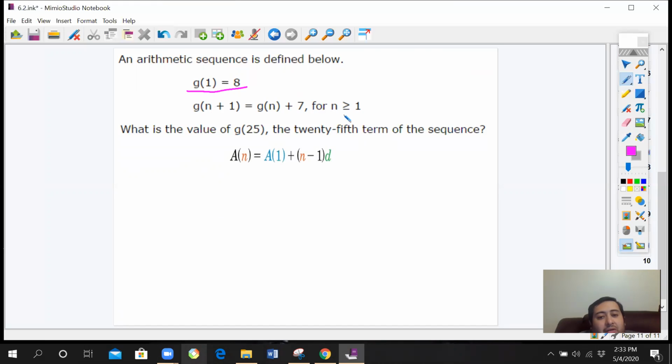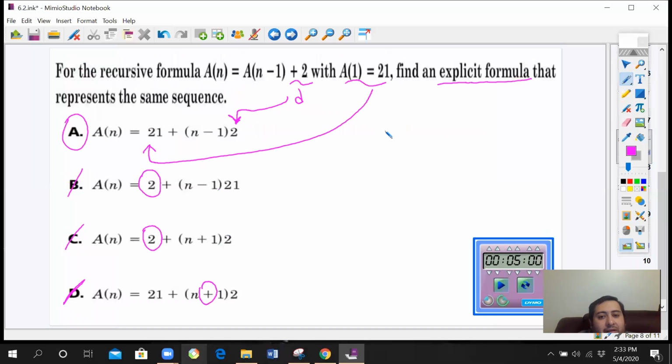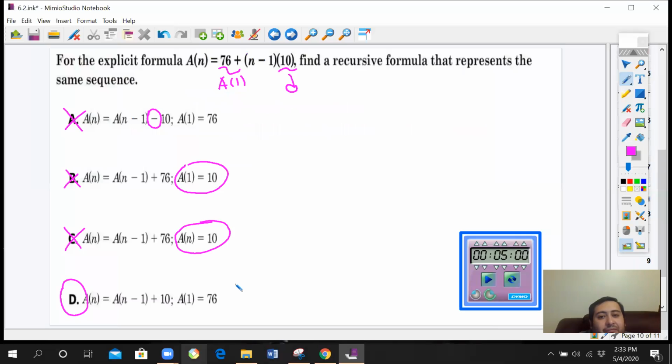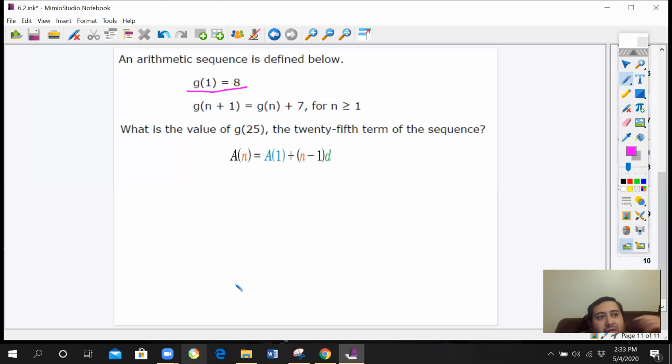All right, to do this much faster, you could do one term at a time all the way to the 25th, like the way we were doing it here, 1, 2, 3, 4, 5, all the way to the 25th. But that's going to take forever.